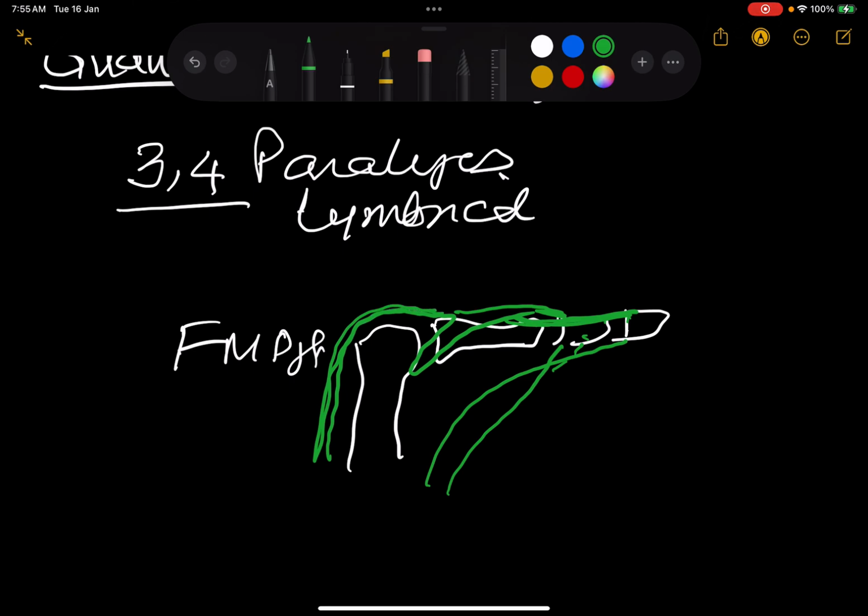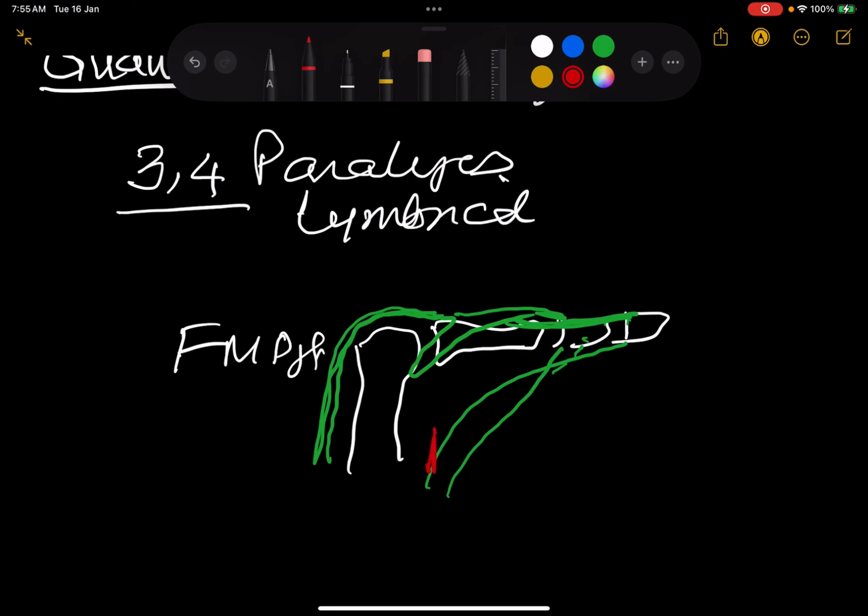Now what does the lumbrical do? Lumbrical arises from the flexor digitorum profundus and attaches to the extensor expansion. So this lumbrical will flex the MP joint and will extend the PIP and DIP joint.